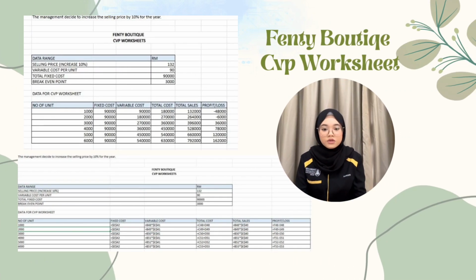Management wanted to explore how increasing our selling price would impact our bottom line. To find out, I simulated 5 different pricing strategies ranging from a 10% increase all the way up to a 50% increase. A 10% increase brings our price to RM132.